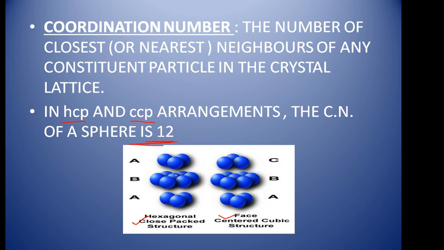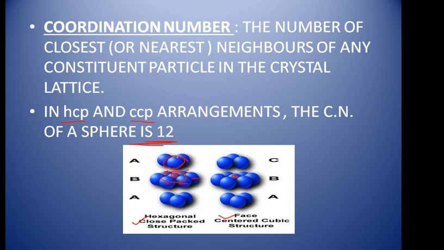You see, if you see this atom in the same plane, this atom is in immediate contact of 6 other atoms in the same plane. 1, 2, 3, 4, 5 and then 6. Got it? 6 atoms in the same plane.